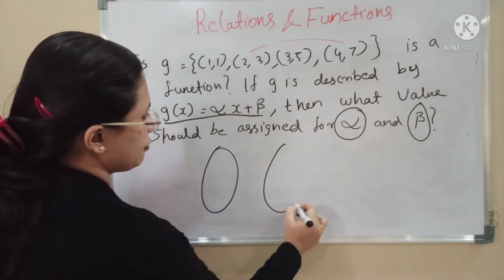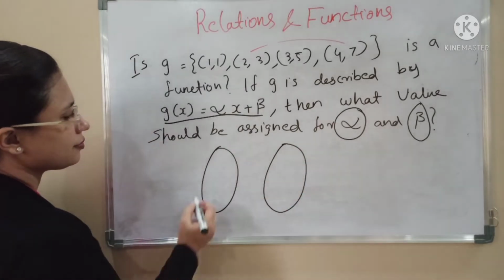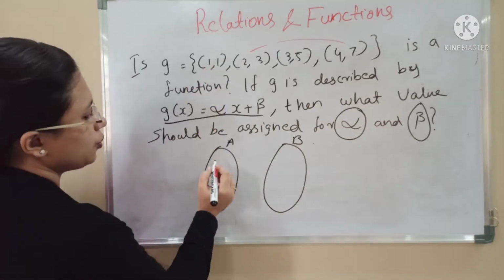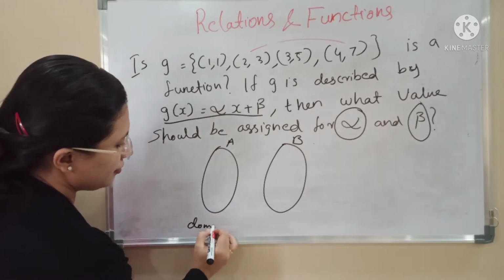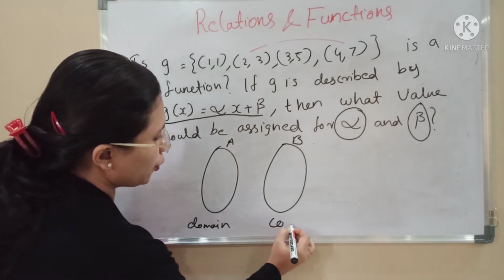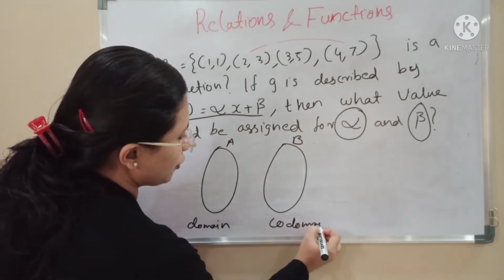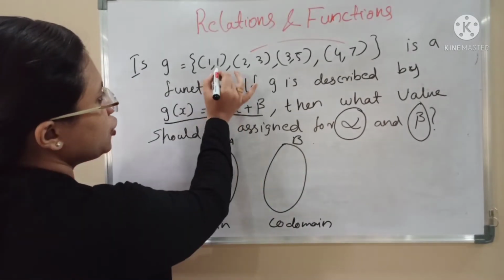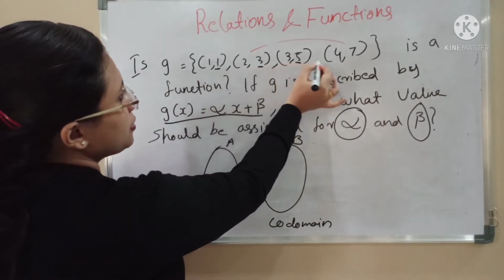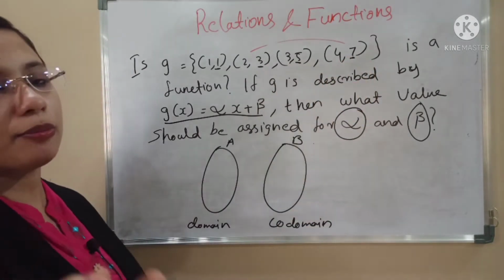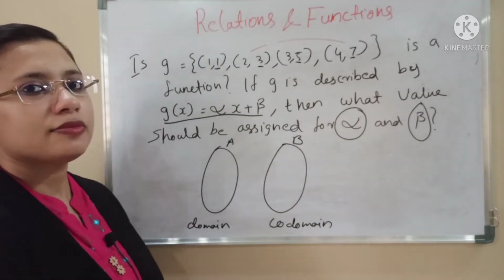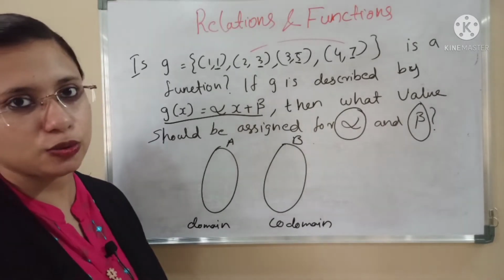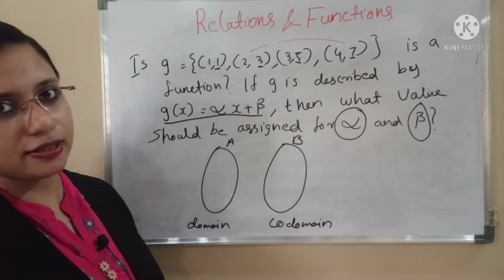We have two sets A, B. This is the domain, this is the codomain, and in the codomain we will list the range, right? Range means the second numbers, the numbers which are related with the domain elements. Clear? Those who didn't listen to the previous session, please understand.